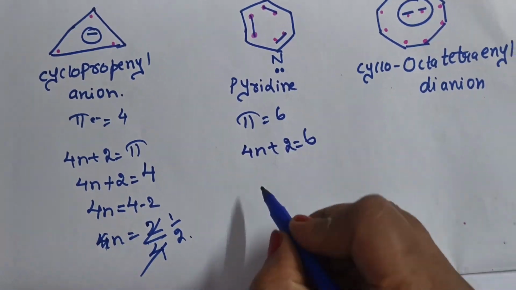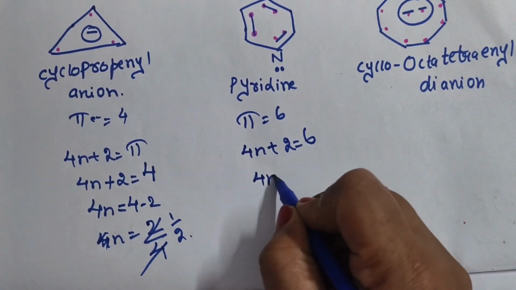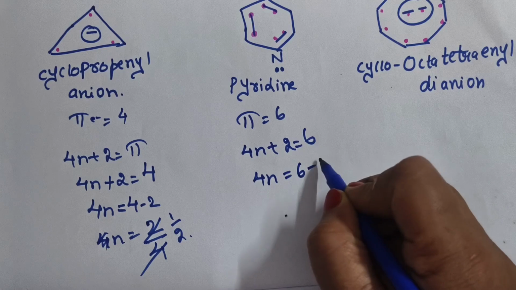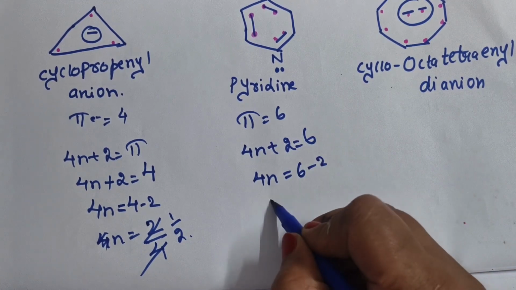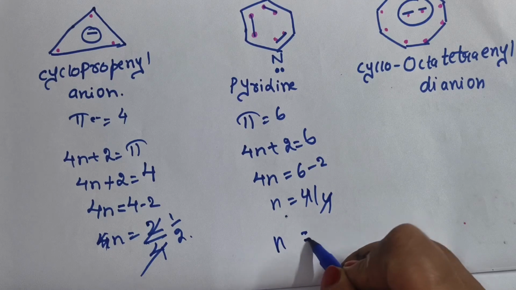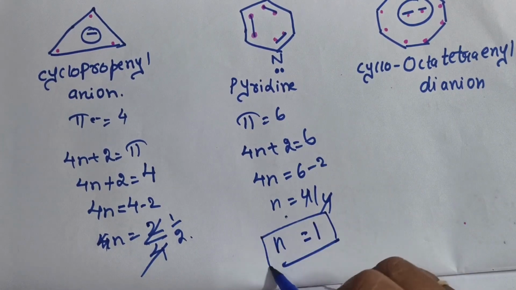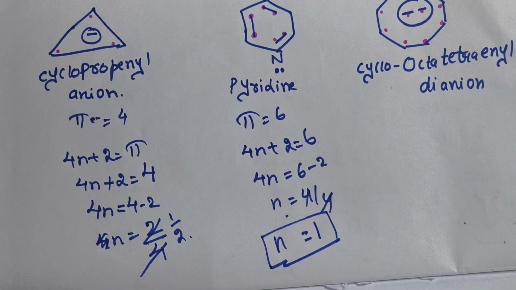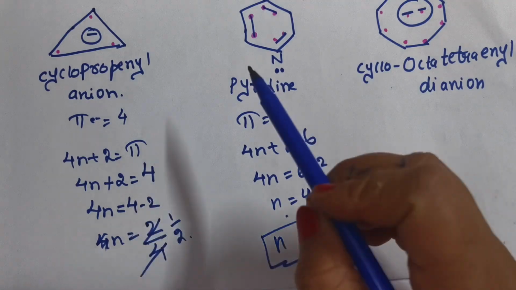It's just like benzene. So 4n is equal to 6 minus 2, so n is equal to 4 by 4. Hence you will get n is equal to 1. So it satisfies Huckel's rule. So this is an aromatic compound, and it's a heterocyclic compound because nitrogen is present.